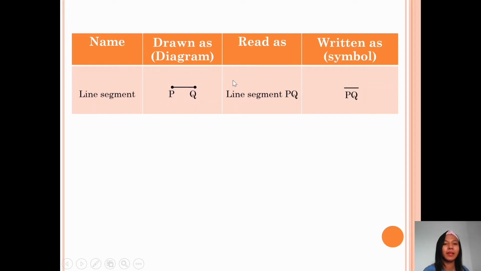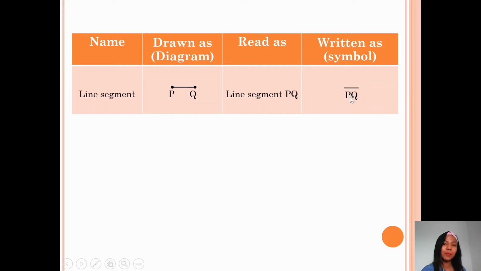So this is read as line segment PQ. Again, can you read this? Line segment PQ. And when you write it down, just write letter P. If the diagram shows big letters, you should write big letters.